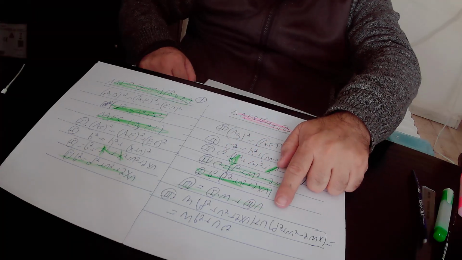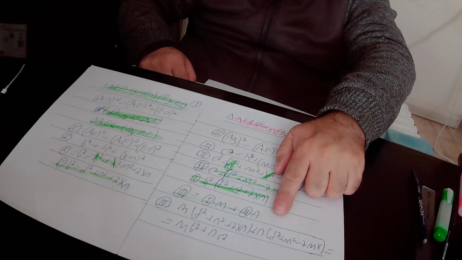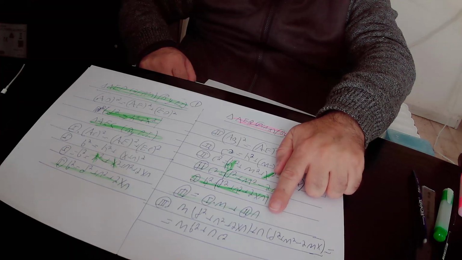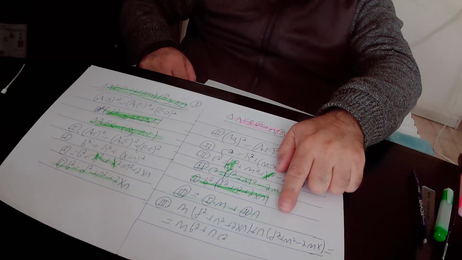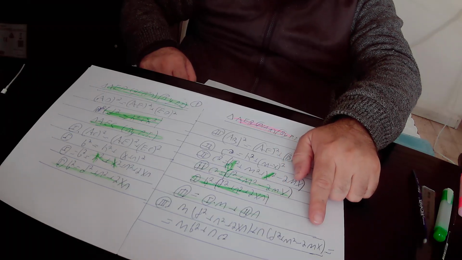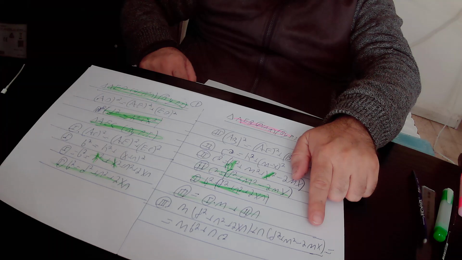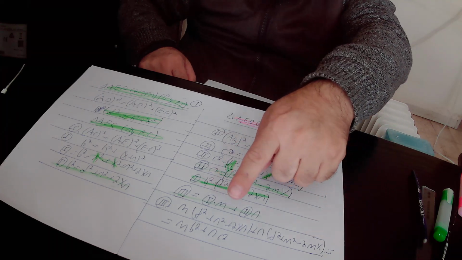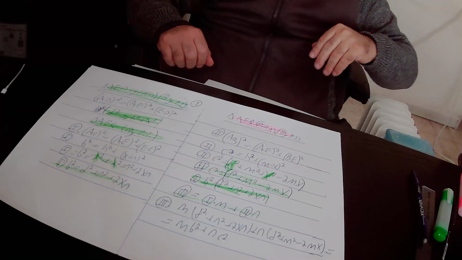We also open the brackets of this expression. N times d square is nd square, n times m square is nm square, and finally n times minus 2mx is minus 2xmn. It is equal to mb square plus nc square.